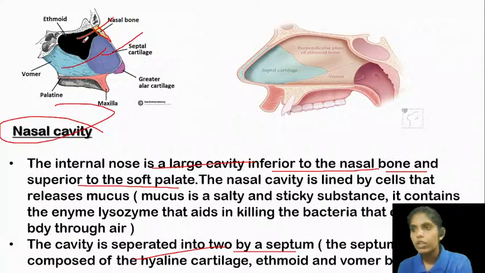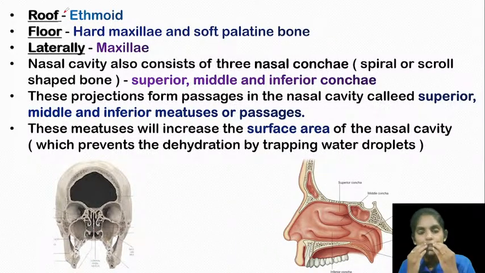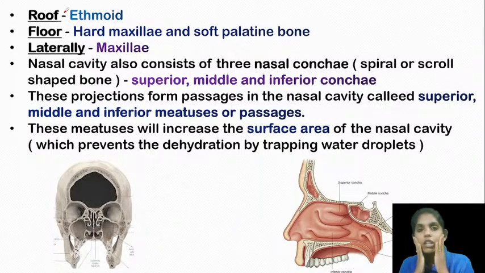So this part here is the septum of the nasal cavity. Now, the roof of the nasal cavity is formed by the ethmoid bone. The floor is formed by the maxillary bone and the soft palate. And laterally also they are covered by the maxilla.